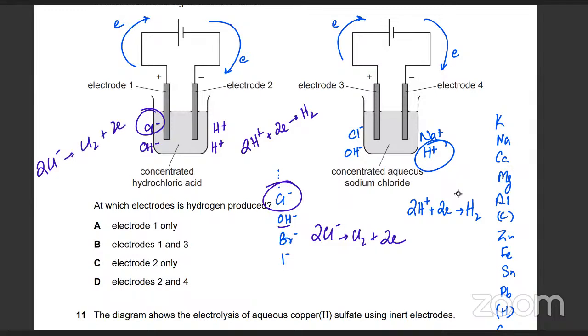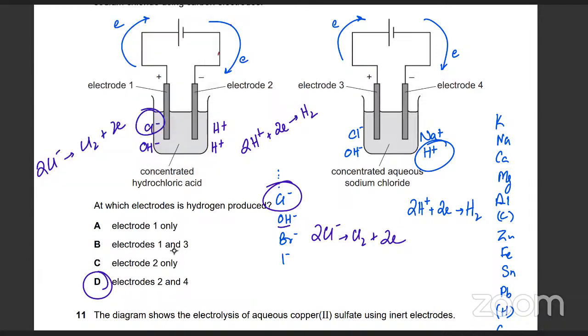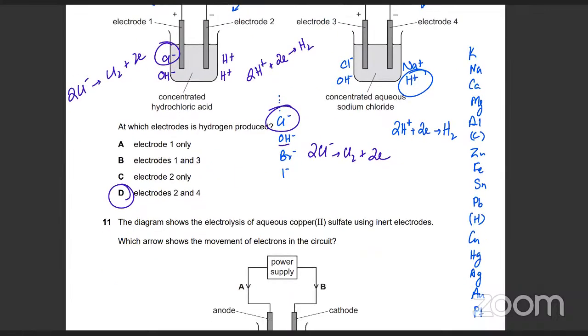So what is the answer? What's the correct answer? A. No, it's not A. Hydrogen is produced at electrode 2 and at electrode 3 and 4. Which is clear? Yes. But is this part clear, that in electrolysis, at the cathode you use the reactivity series and the bottom one is going to gain electrons.